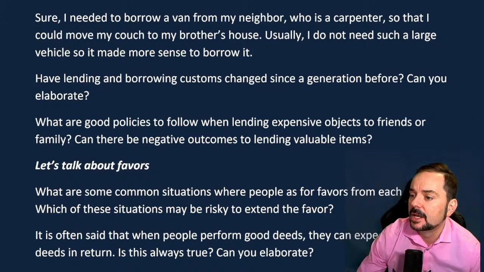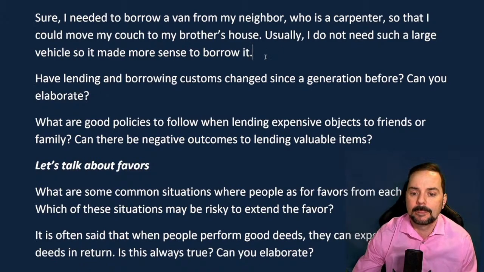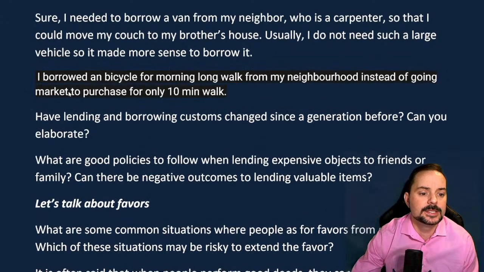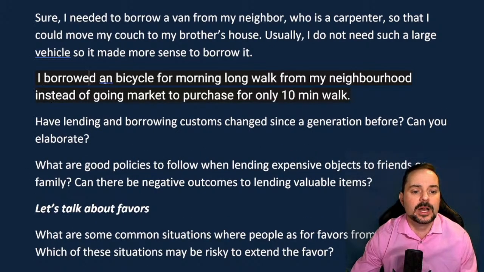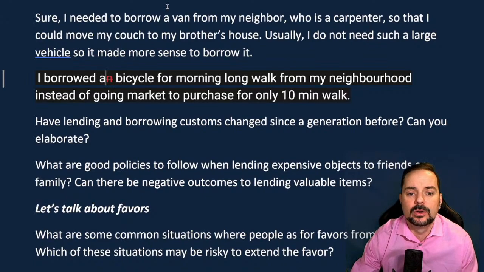Okay, Bakrat says, this is for an example. Let's see. Bakrat says, I borrowed a bicycle for a morning long walk from my neighborhood instead of going market to purchase for only 10-minute walk.